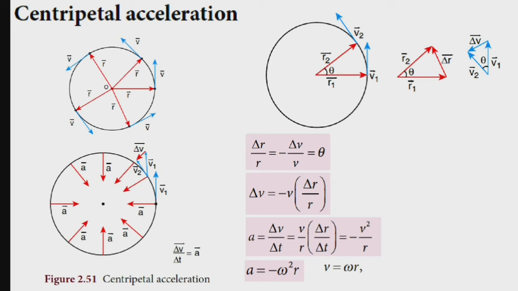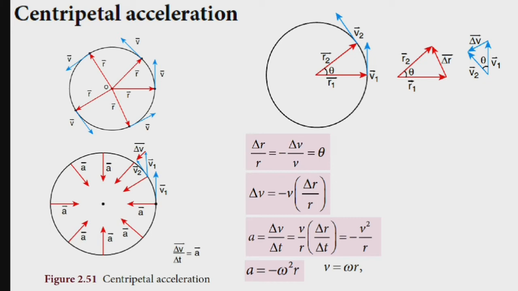Then a is equal to delta v by delta t. So multiplying both sides by delta t, delta v by delta t is equal to v by r into delta r by delta t. Delta v by delta t is equal to a.